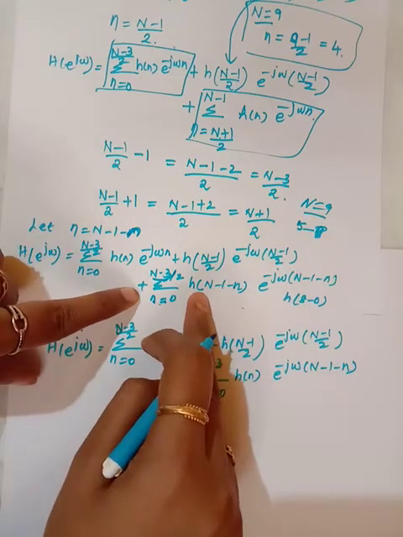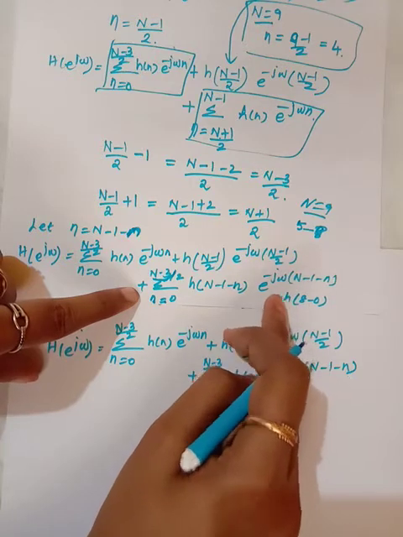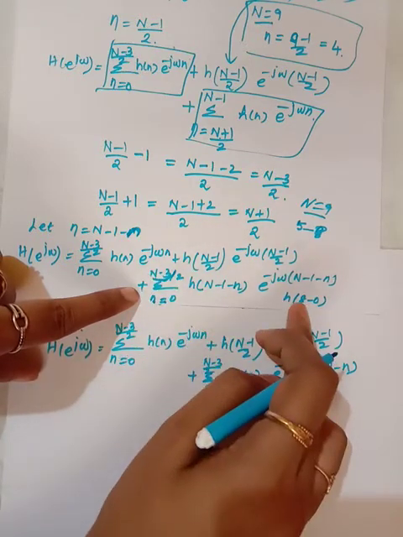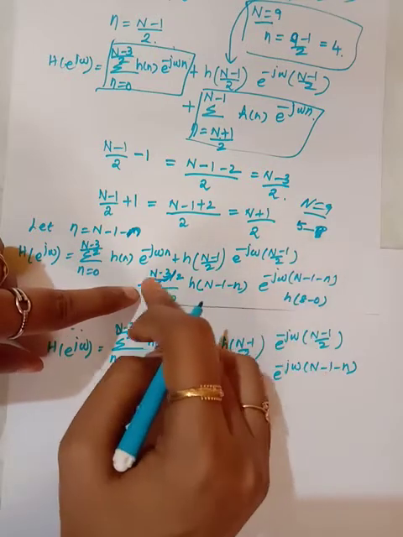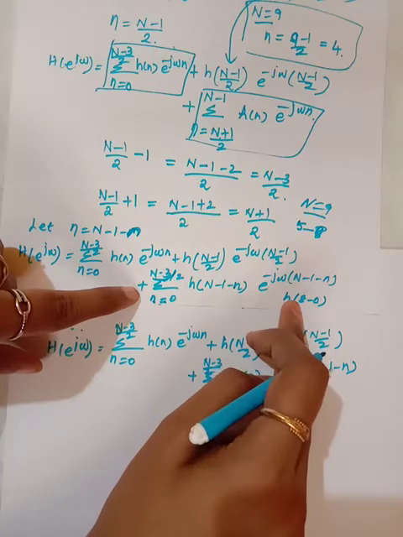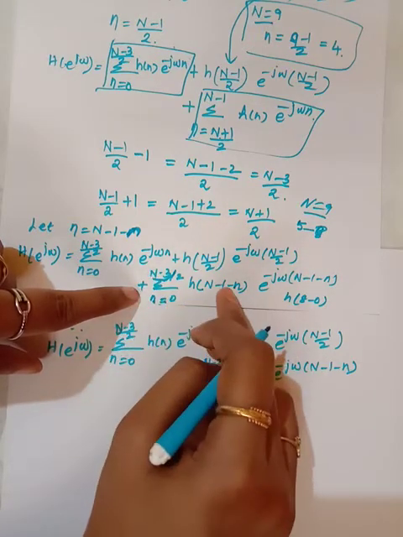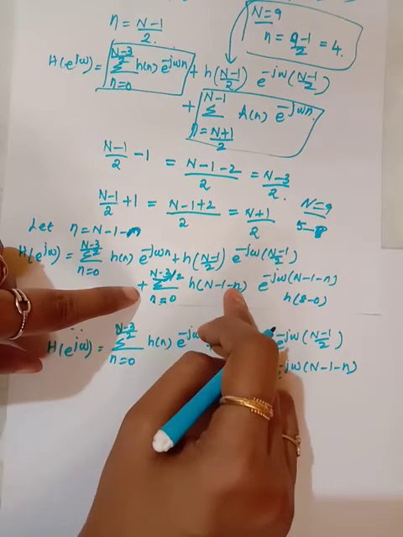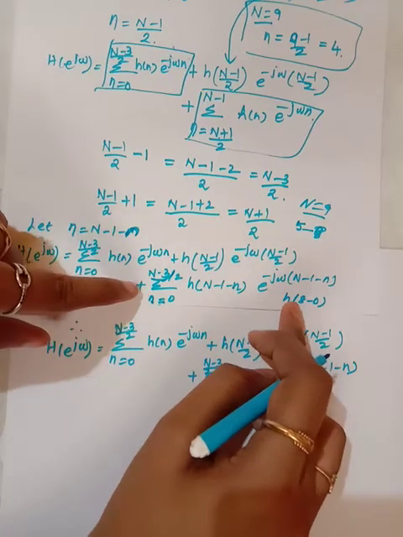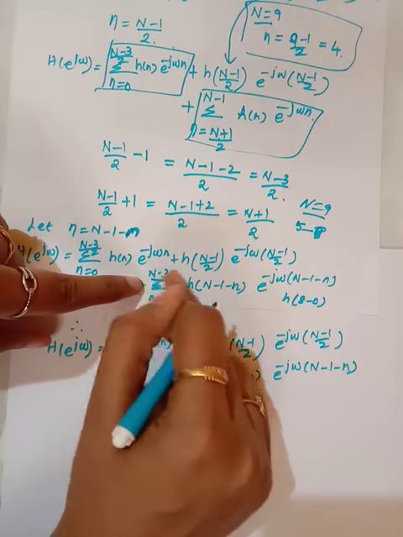Whether you are getting h of 8, similarly when n is equal to 1, you are getting h of 7. When n is equal to 2, you are getting h of 6, right? When n is equal to 3, you will get h of 5. Here when n is equal to 3, this summation will stop, right?